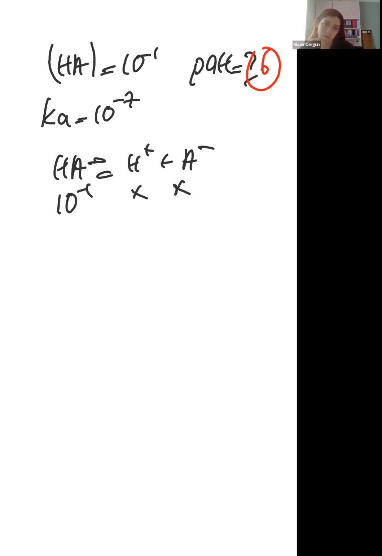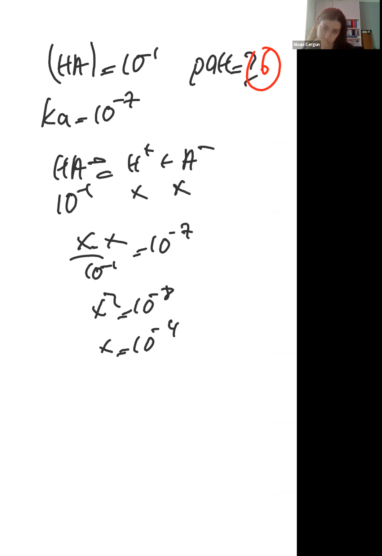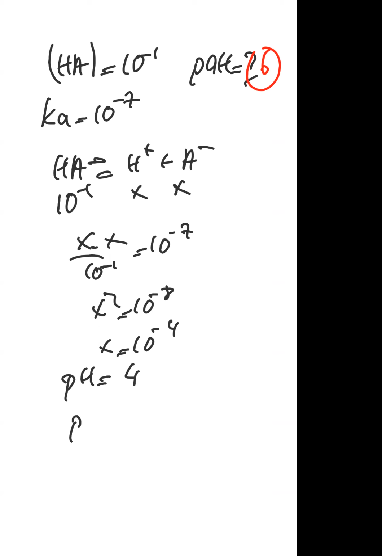They are both X. Then X squared divided by 10 to minus 1 should equal 10 to minus 7. Then X squared will be 10 to minus 8, and X is 10 to minus 4. Then I believe the pOH is nothing like 6, baby, because we have a pH of 4, then we have a pOH of 10.